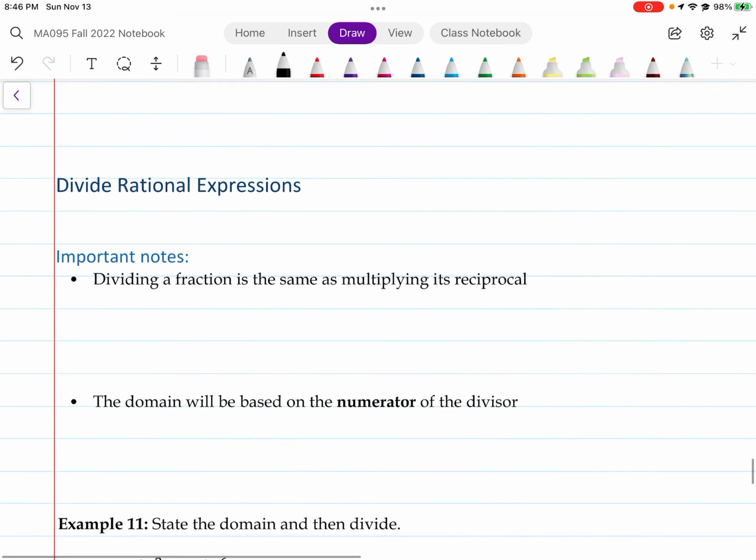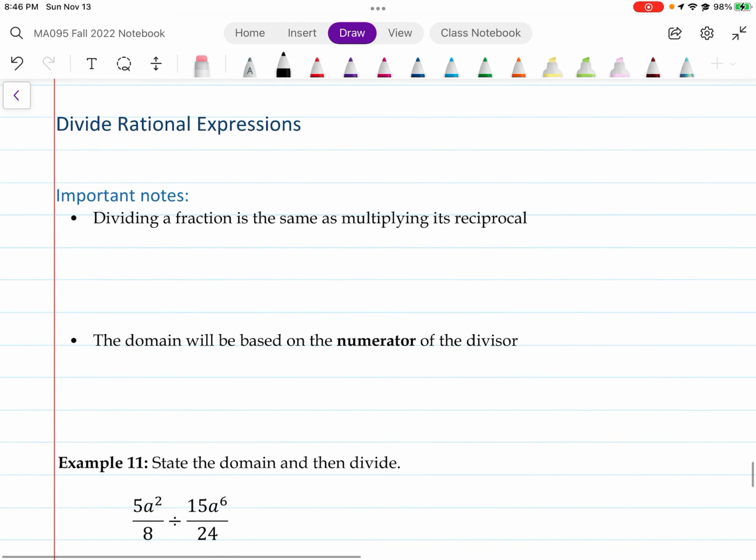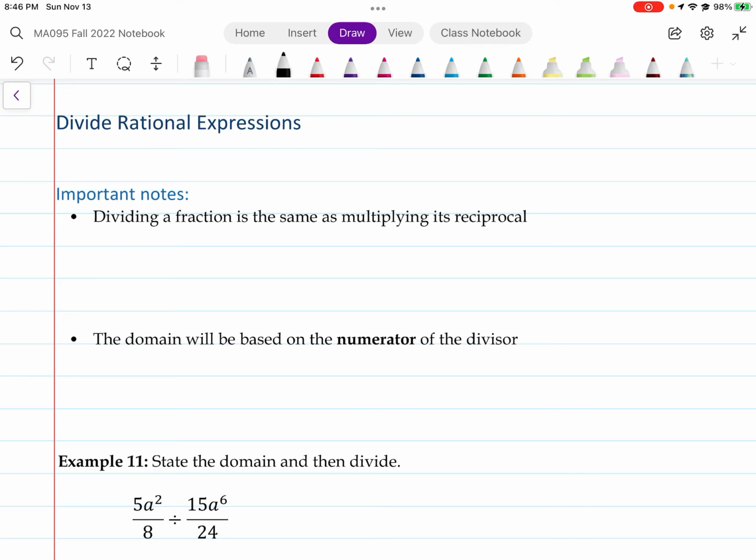All right, so let's divide rational expressions. Dividing a fraction is the same thing as multiplying by its reciprocal. So let's think about this with numbers. If I've got 1/2 divided by 3/4, there's a little saying you can use: keep the first one, change to multiplication, and flip the second one.